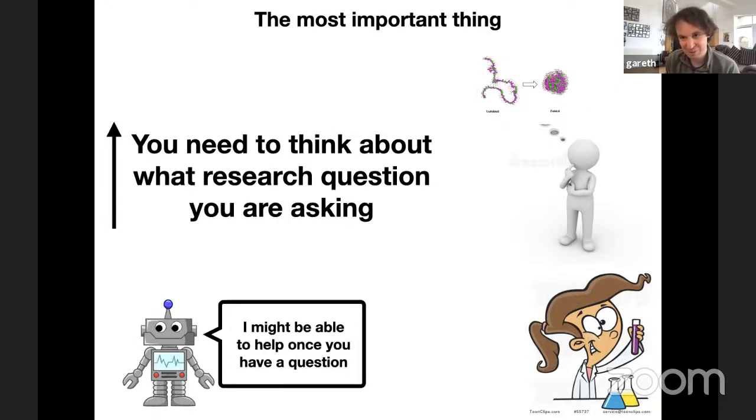We got into science, I hope, to understand the physical world, or a representation of the physical world on a computer. So thinking about those research questions and what it is you want to know should excite you, and it should be what motivates you.